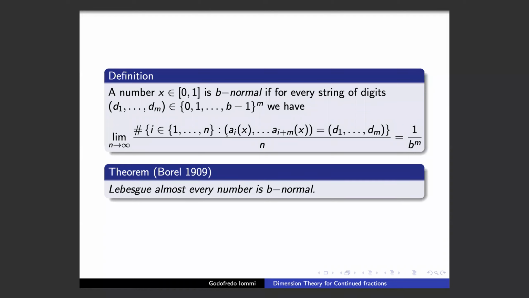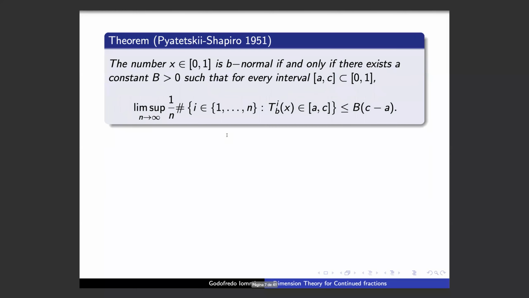During the 1950s, Piatetski-Shapiro proved several such criteria. I would like to show the simplest and the first of those. He showed that a number is normal in base B if there is a uniform constant so that for every closed interval [a, c], you look at the orbit of the point x with respect to the map, the multiplication by B, and you count the times that the orbit hits the interval [a, c].